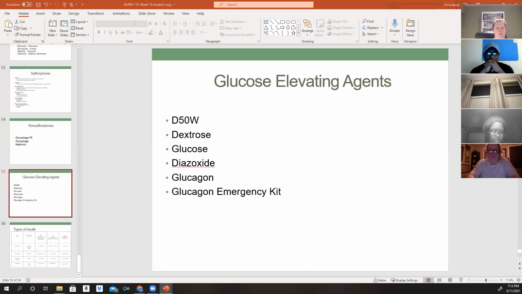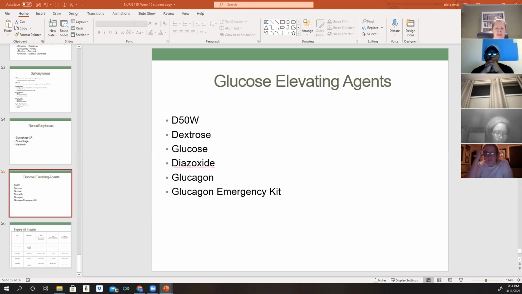And then we know whenever we are treating someone in the hospital that has high glucose, we always run the risk of causing low glucose. So we have to have things on board to treat that hypoglycemia pretty quickly.